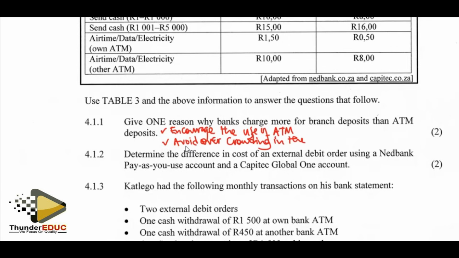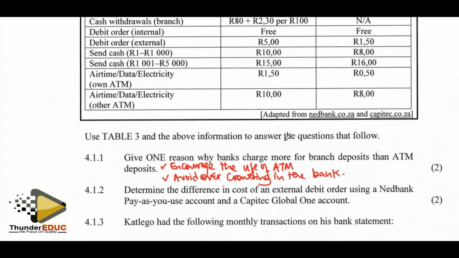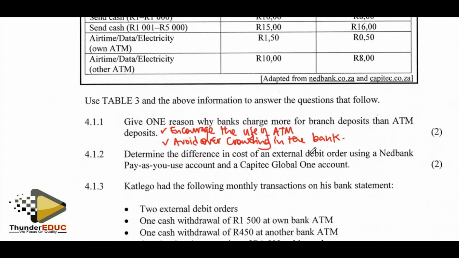Determine the difference in cost of external debit order of Net Bank, Pay as you go, and the account. So let's come here, we are looking at the external debit order.